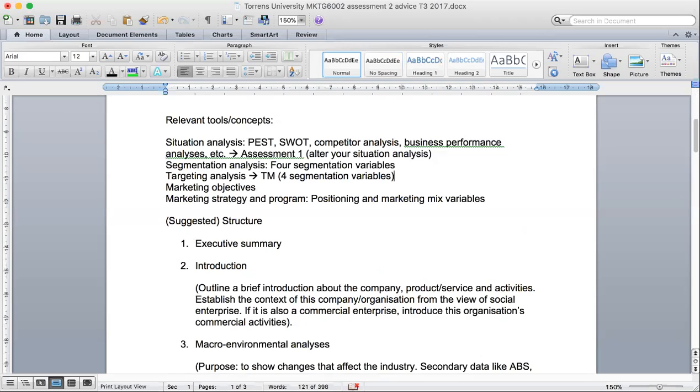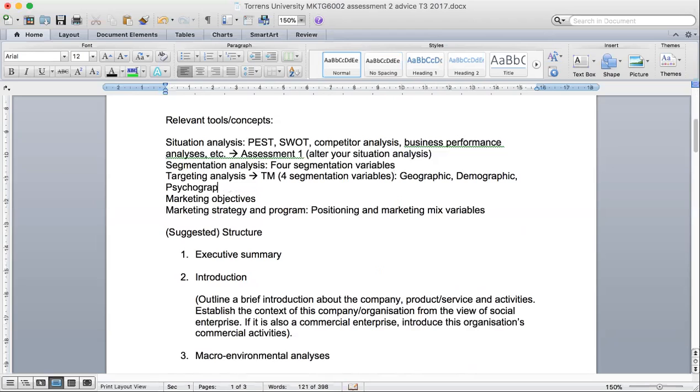What are the 4 segmentation variables? They are geographic, demographic, psychographic, and behavioral. All right. Now I'm going to recommend you to look at the Roy Morgan value segments. For instance, you can look at the socially aware group, because the socially aware group are quite related to social issues.